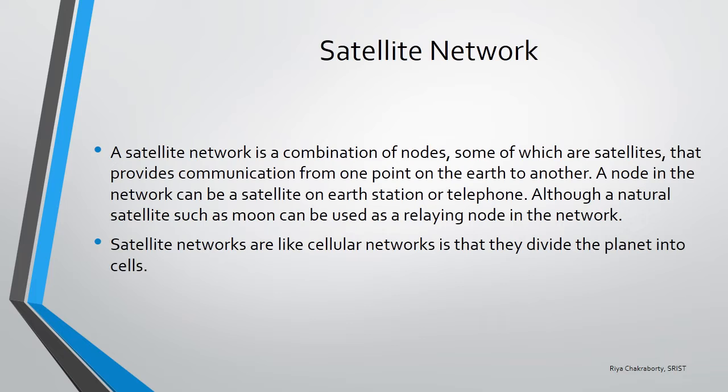Although a natural satellite such as the moon can be used as a node in the network, another restriction on using a natural satellite is its distance from the earth, which creates a long delay in communication.